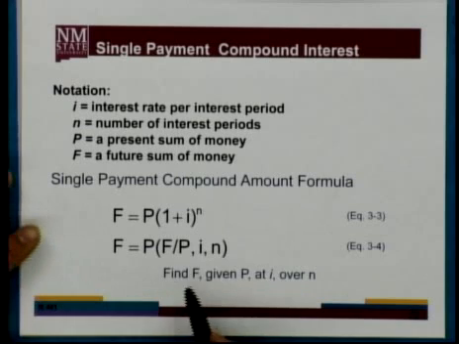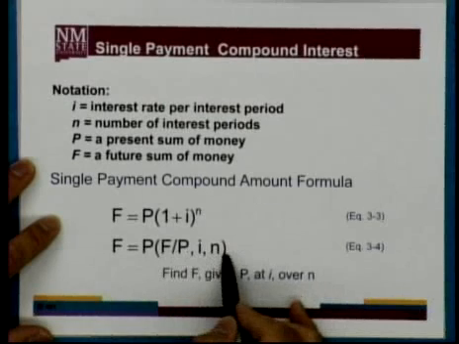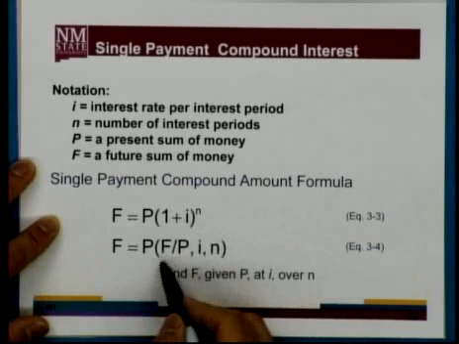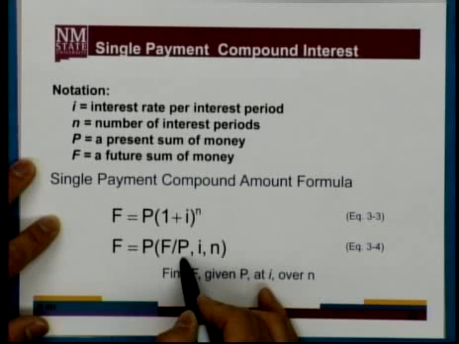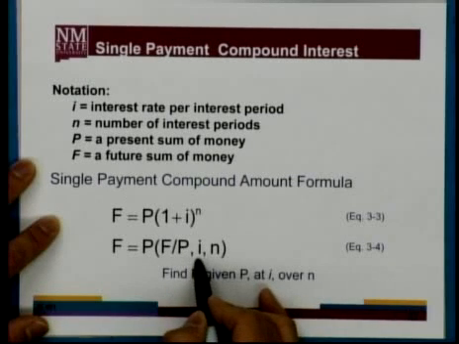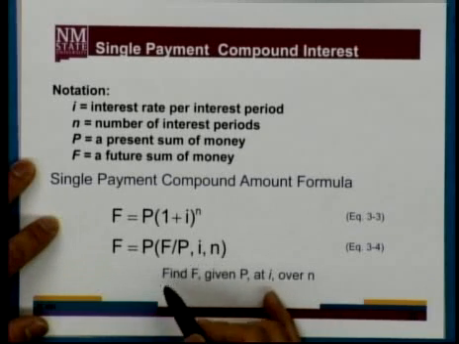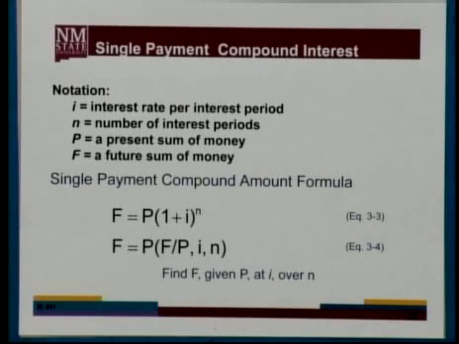Here the notation inside parentheses is called the single payment compound amount factor, and we read it as finding a future sum F given a present sum P at i over n periods. This factor can be easily found from the compound interest table in appendix B at the end of our text.